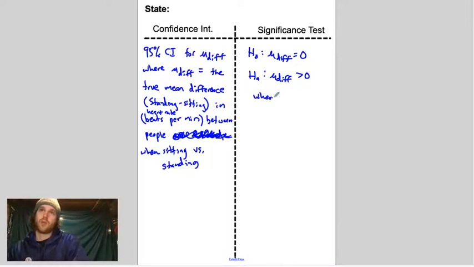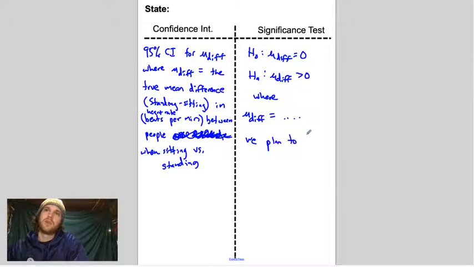And then I would say where mu sub diff, and great, I don't have to write it again, equals, copy and paste from over here. Okay, and then you also have to add, we plan to test at the alpha equals 0.05 significance level.